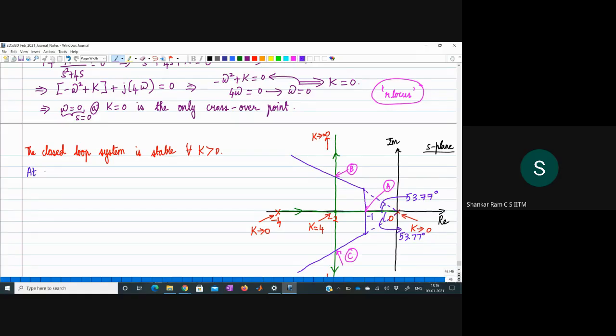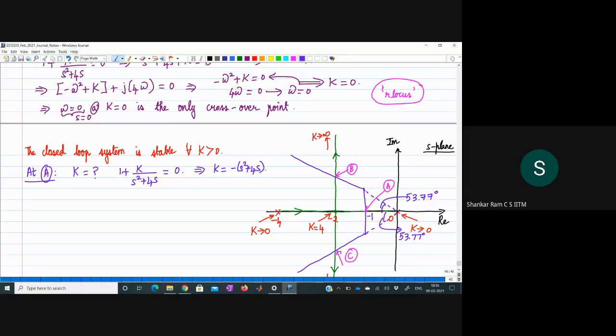So how do we do this? At point A, how do we find the value of k? For that, once again, we use the closed loop characteristic equation. The closed loop characteristic equation is 1 plus k divided by s squared plus 4s. So k is going to be minus of s squared plus 4s.